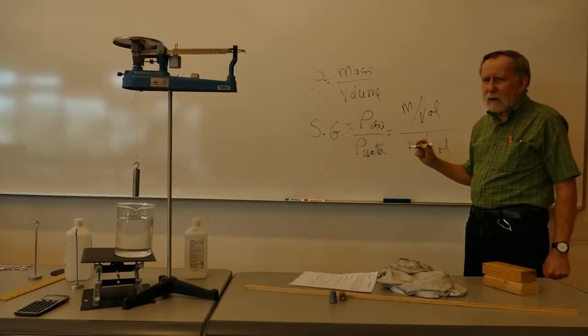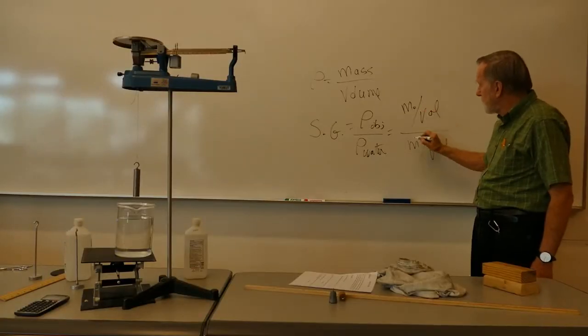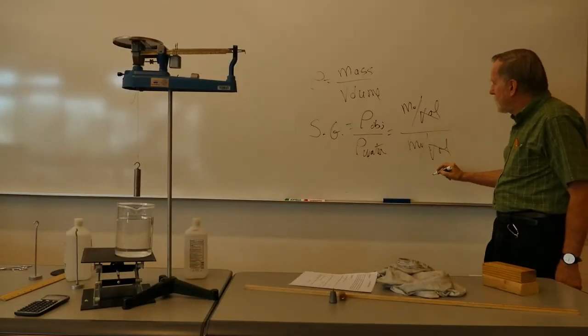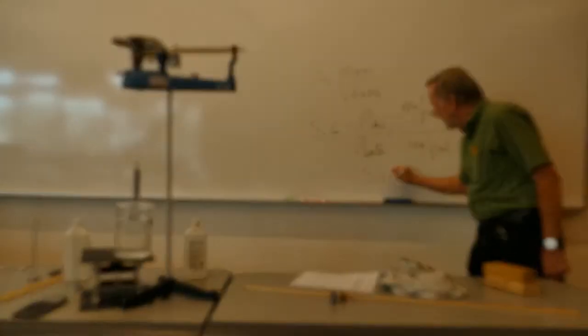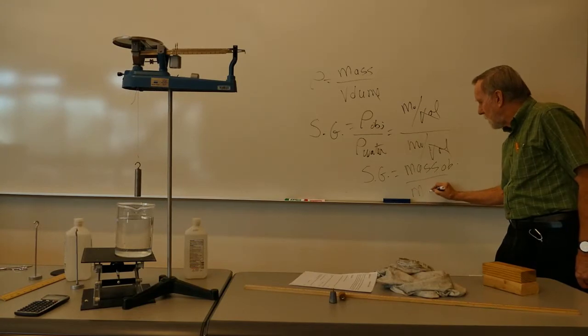But if we could somehow use an equal volume of water as the object, this is the object, this is the water, if their volumes were somehow made to be equal, they would cancel out, and the specific gravity of an object would just be the mass of the object over the mass of the water, if their volumes were equal.